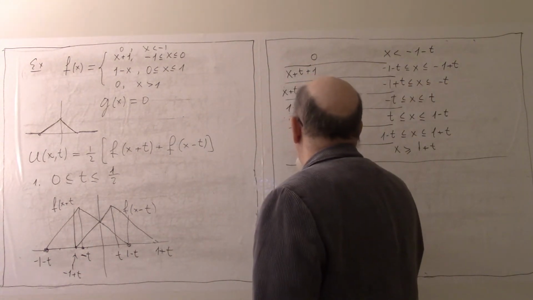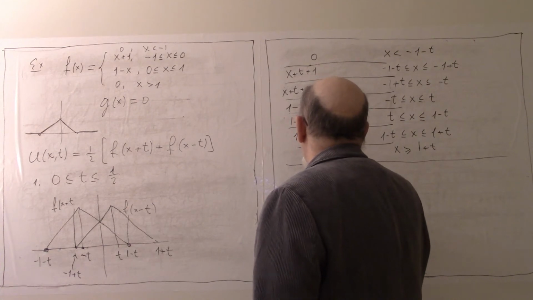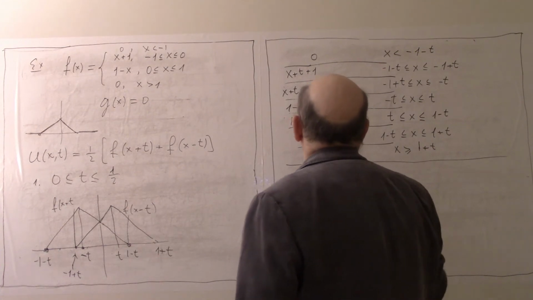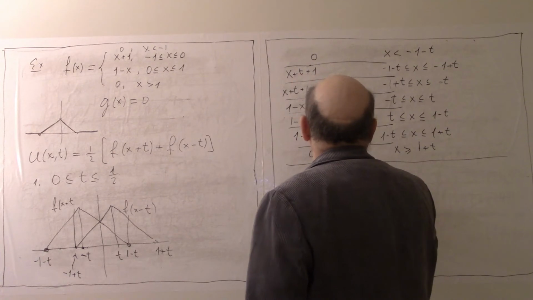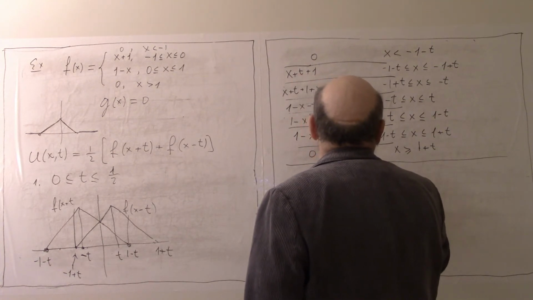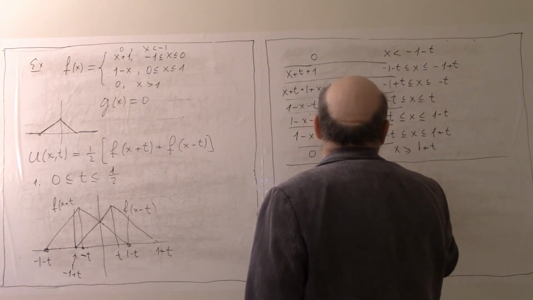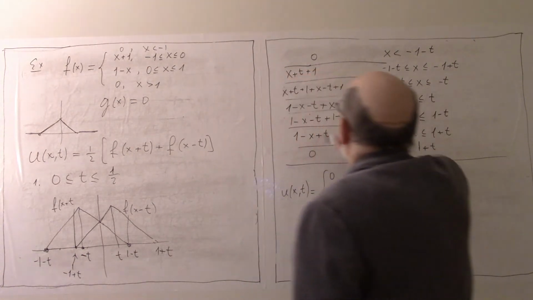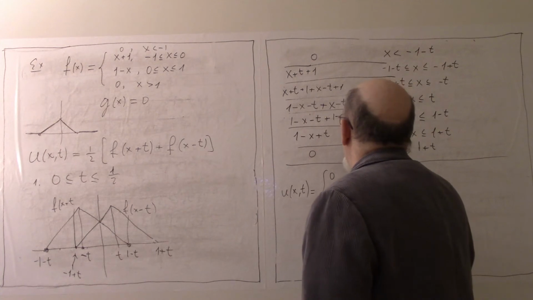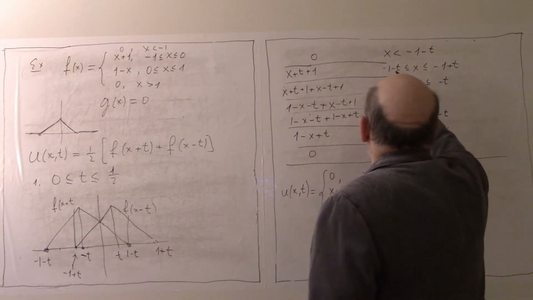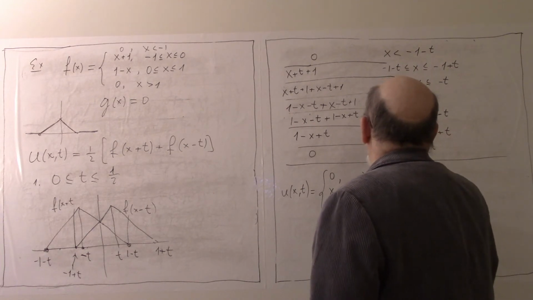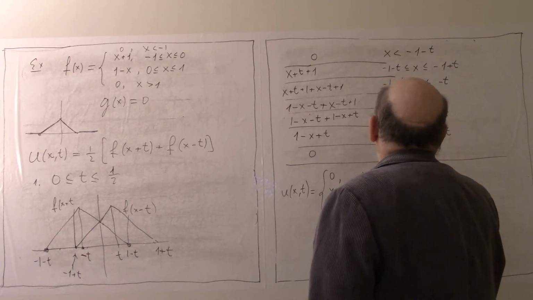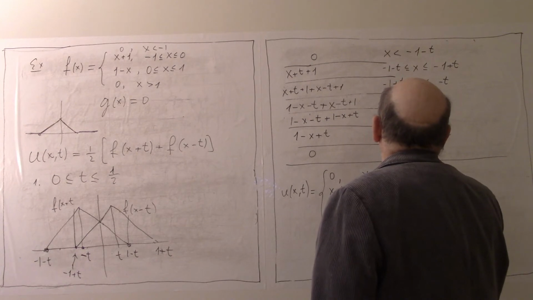So u of x, t equals 0 when x is less than minus 1 minus t. Here x plus t plus 1, for minus 1 minus t less than x less than minus 1 plus t.